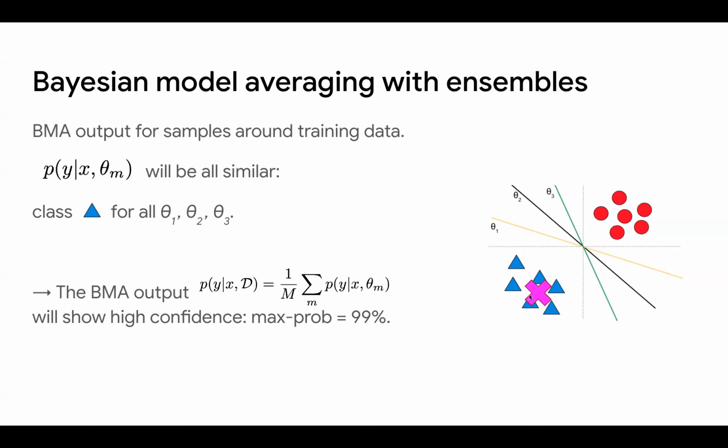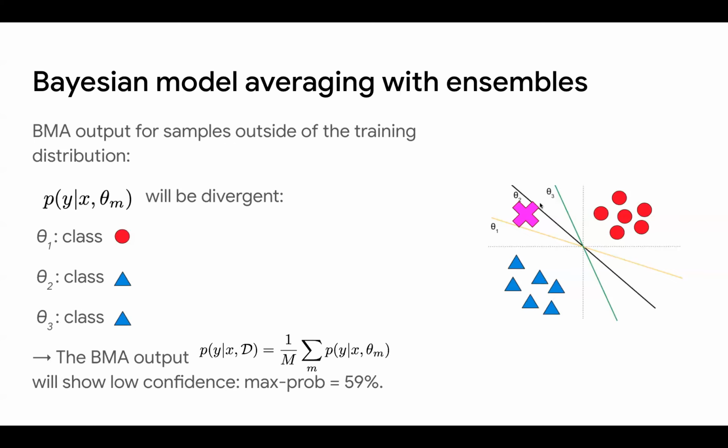Because this purple cross is on the same side of the decision boundary for all the models here. And therefore, class triangle is predicted for all three models. And therefore, the BMA output will also be highly confident because all the predictions are agreeing. So maybe the max probability in this case is something like 99%.